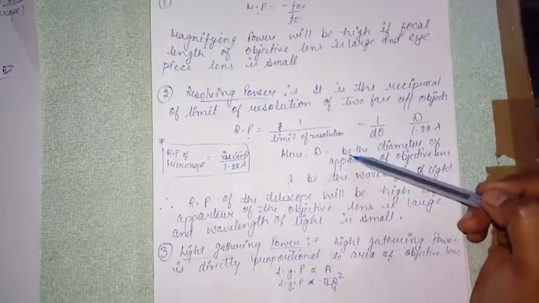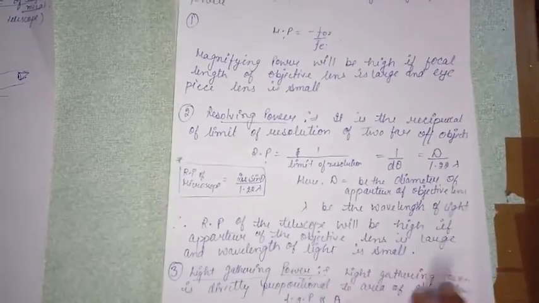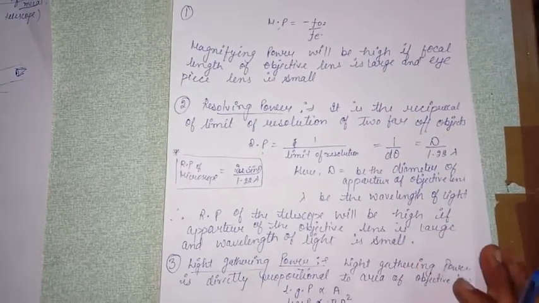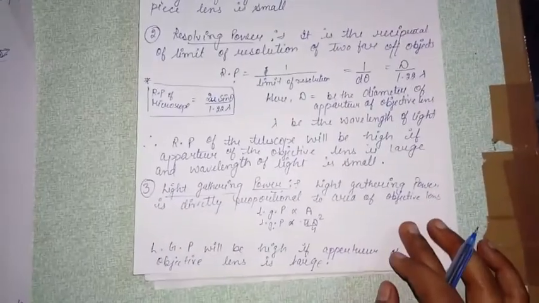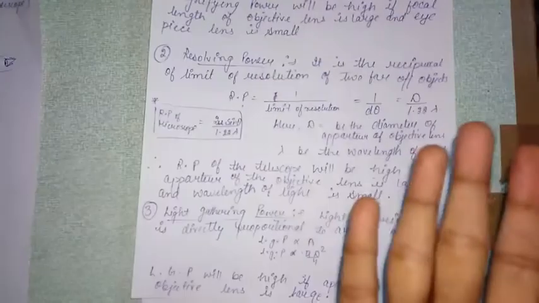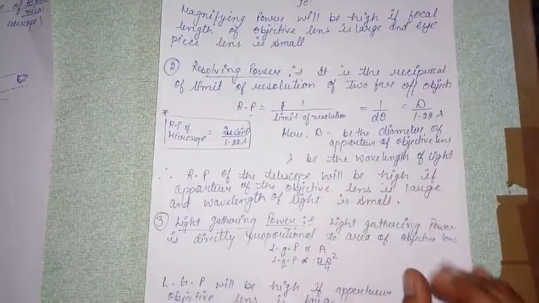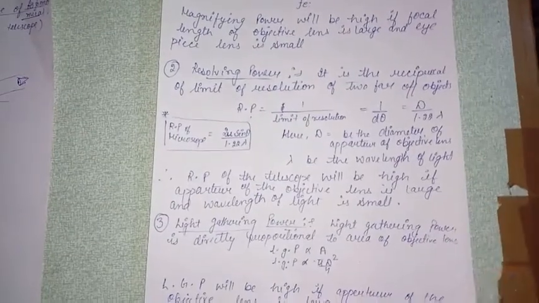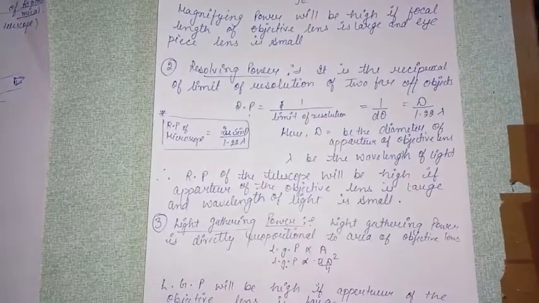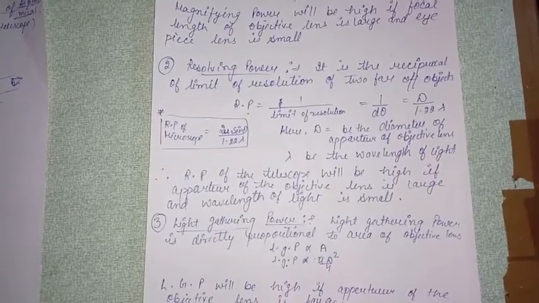Similarly, the resolving power will be high if the objective lens aperture is large and the wavelength of light is small. And for light gathering power, if the aperture of the objective lens is large, we get a high light gathering power. If these three powers are high, then we will get a good telescope. So that's all for the day. We will talk about other topics in the next video. Thank you for watching my video.